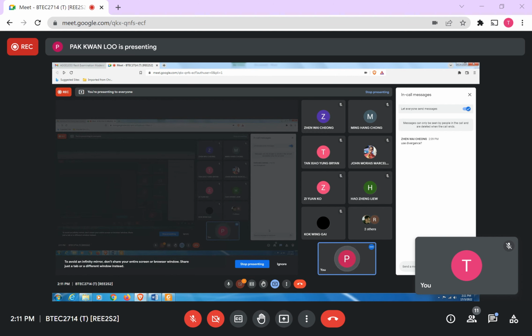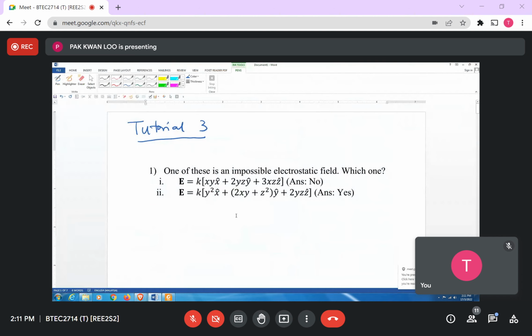Okay, no idea. I did mention before that if we test the curl of an electrostatic field, the curl value will give us a 0, and the divergence value, of course, must be some kind of value.